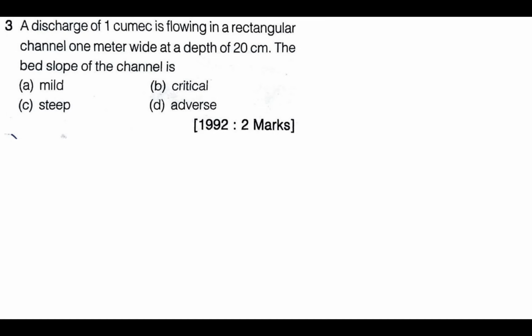So now moving ahead to question number 3. A discharge of 1 cubic meter per second is flowing in a rectangular channel 1 meter wide at a depth of 20 centimeter. The bed slope of the channel is whether mild, critical, steep or adverse.